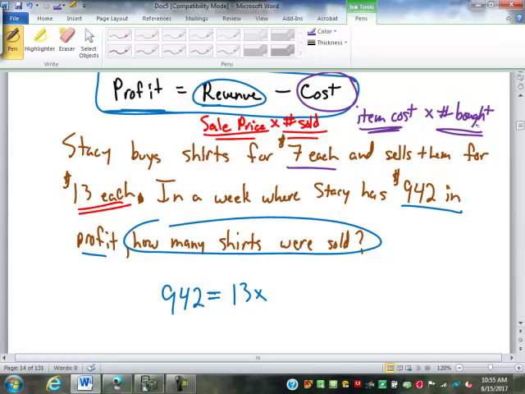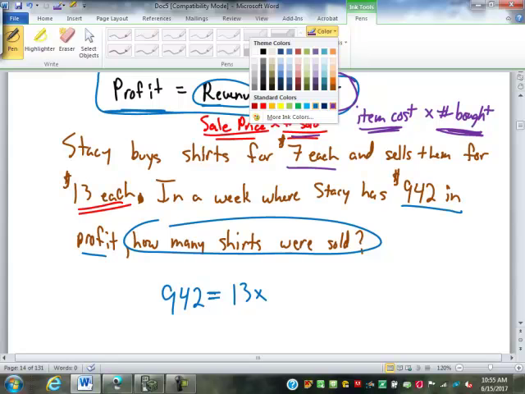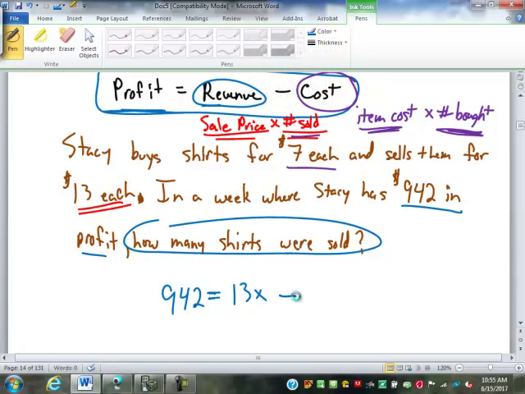But we assume the number bought is the same as the number sold, right? You had to buy them to sell them. So we're going to subtract $7 each times x, which would be the number purchased.